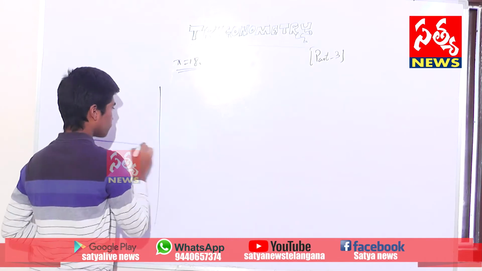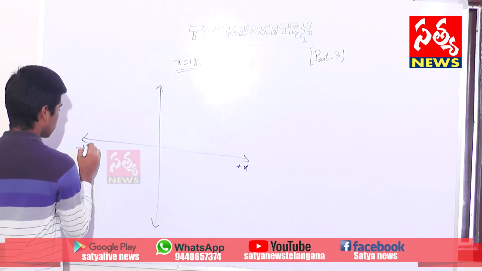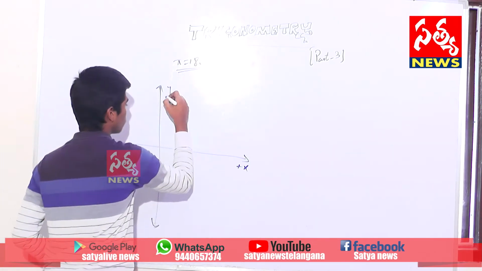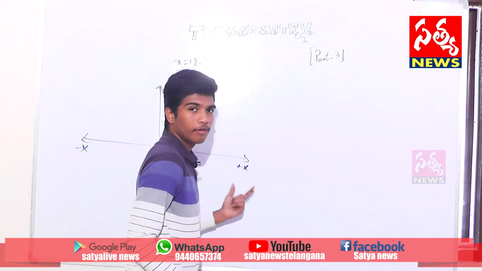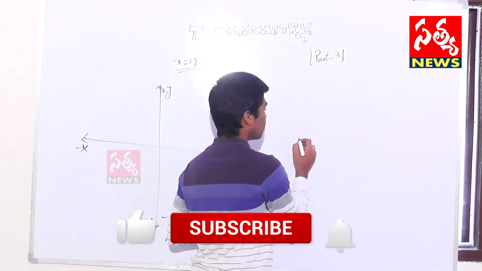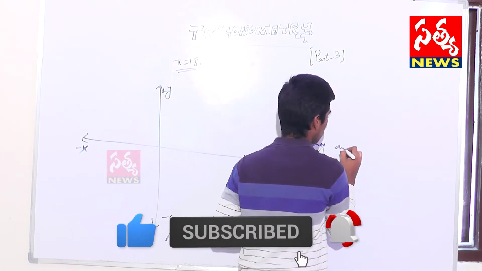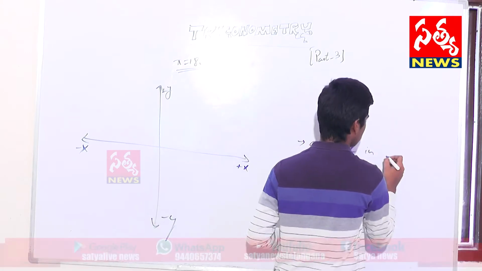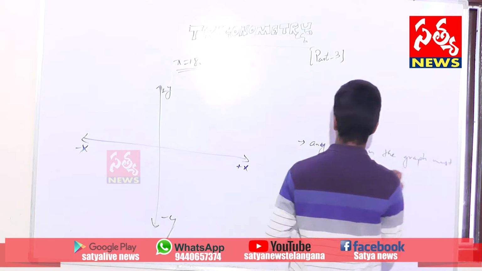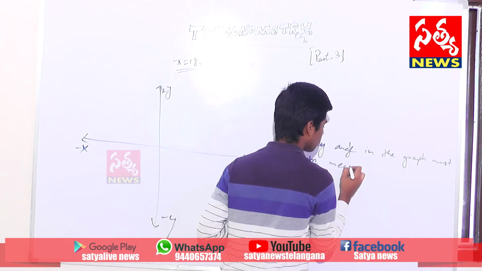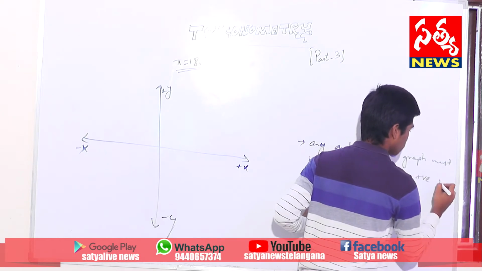Let's plot the graph. This is the positive x-axis and this is the negative x-axis. This is the y-axis, the positive y-axis, and this is the negative y-axis. For plotting an angle, you need to remember two points. One is that any angle in the graph must be measured with respect to the positive x-axis.